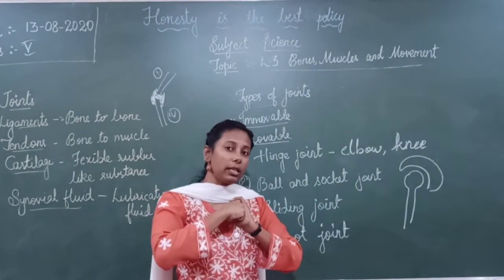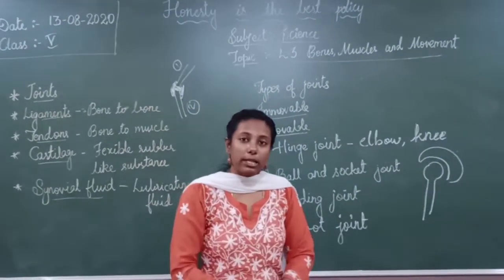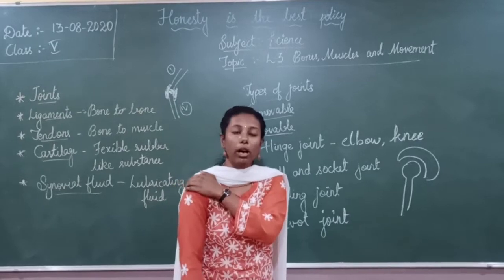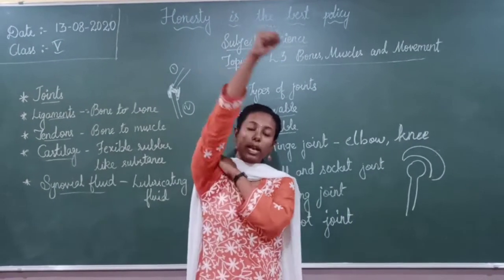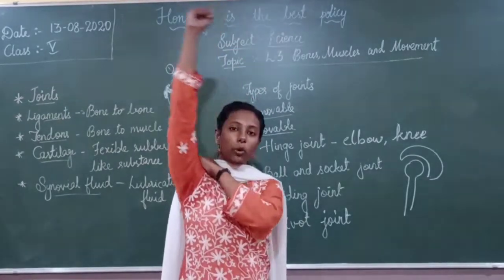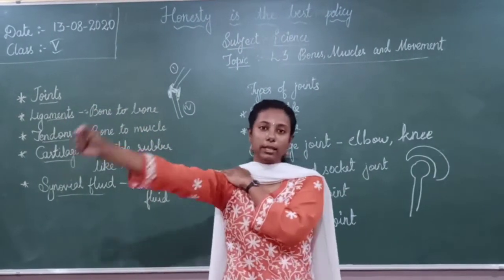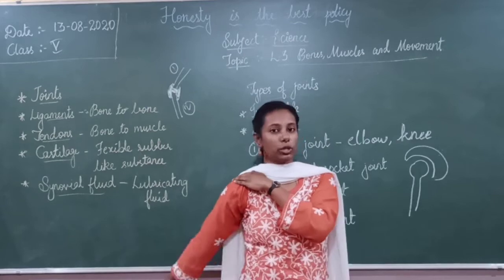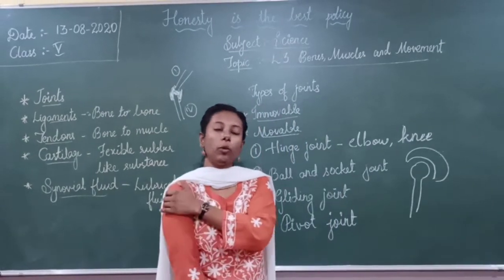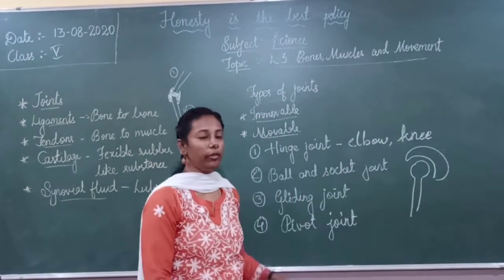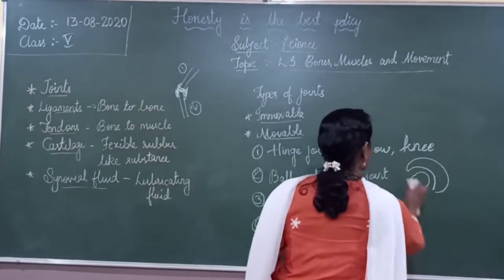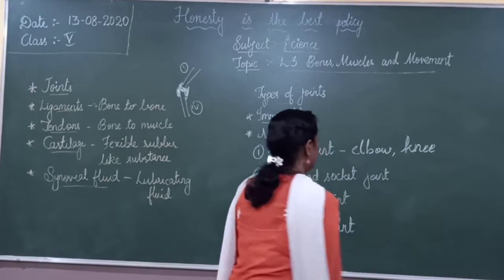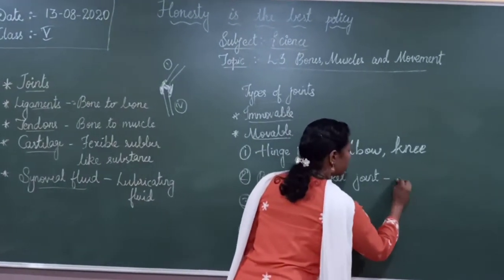So where is it present, children? It is present in our upper arm, the shoulder joint, where you can rotate it fully. You can rotate in any direction like this or in circular motion. Only because of ball and socket joint you can find this kind of rotation. So we'll write here, where it is present?